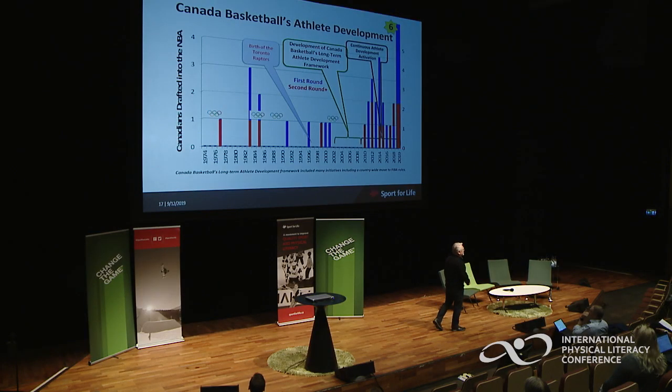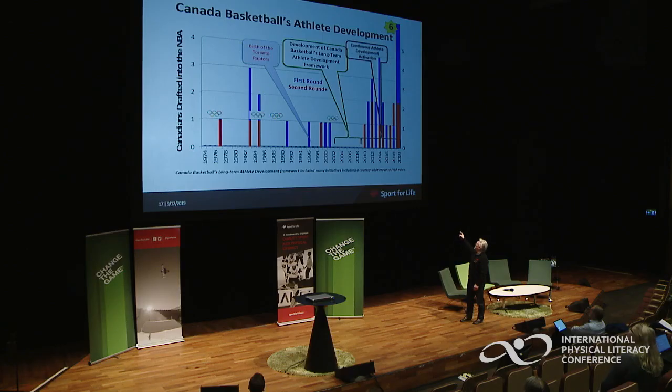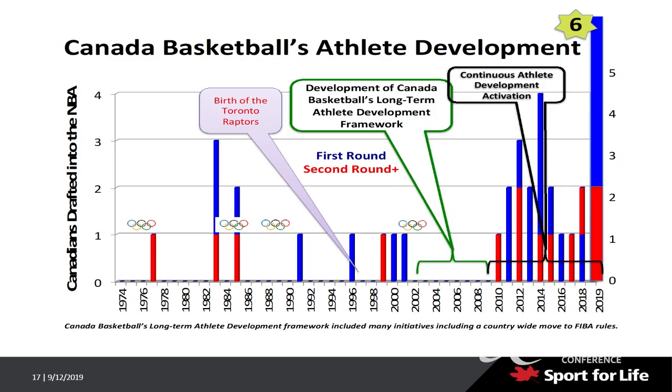This is Canada Basketball, and this is just on the men's side. They're doing very well on the women's side as well. And just to explain this, the red are the second round NBA draft picks. The blue are first round NBA draft picks.